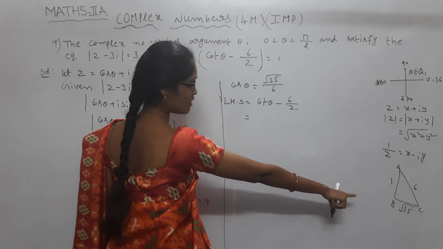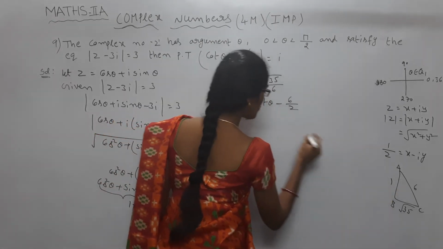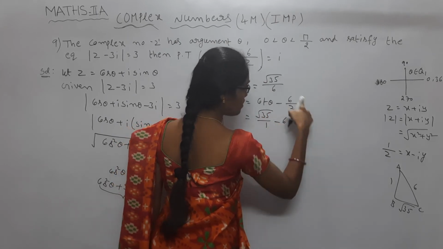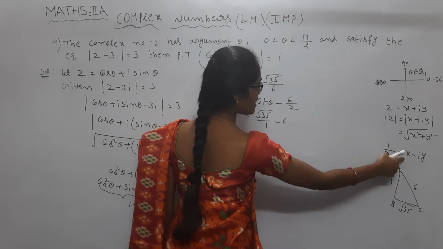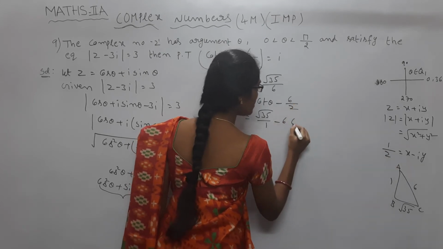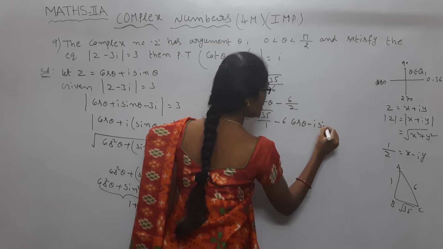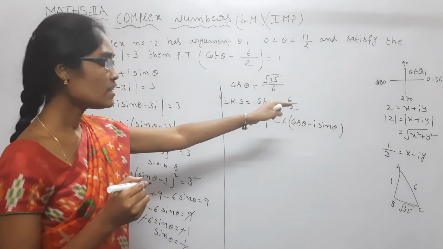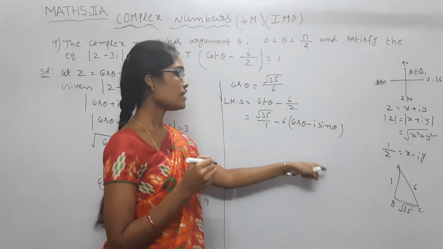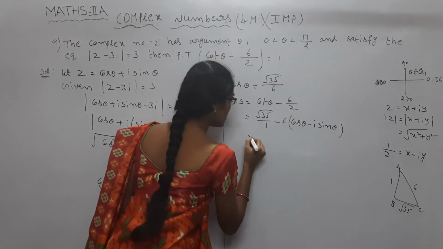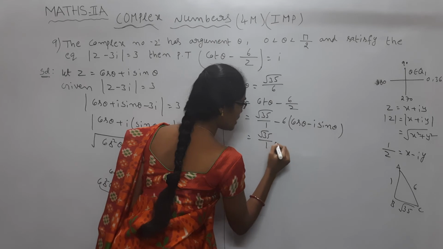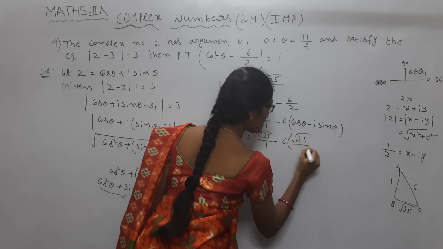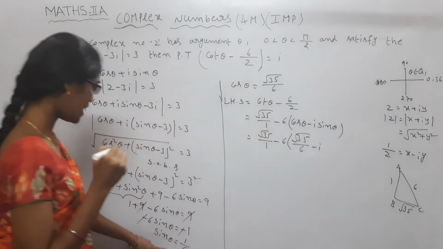Cot theta from this diagram is adjacent by opposite, root 35 by 1, minus 6 into 1/z. 1/z can be written as x - iy, so I am writing cos theta - i sin theta, because z = x + iy and 1/z = x - iy. That is root 35 by 1 minus 6 into cos theta value, which is root 35 by 6, minus i into sin theta value, which is 1 by 6.